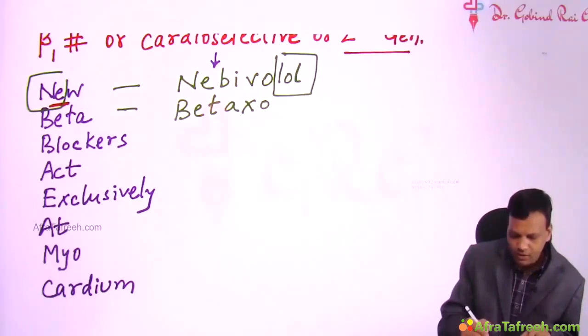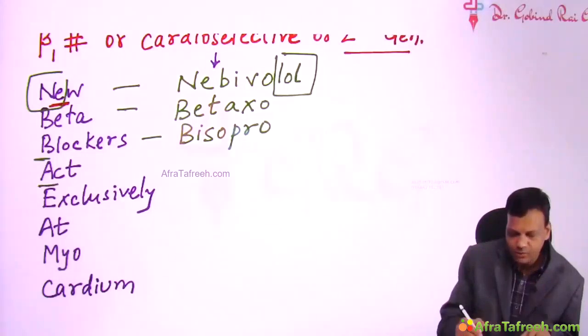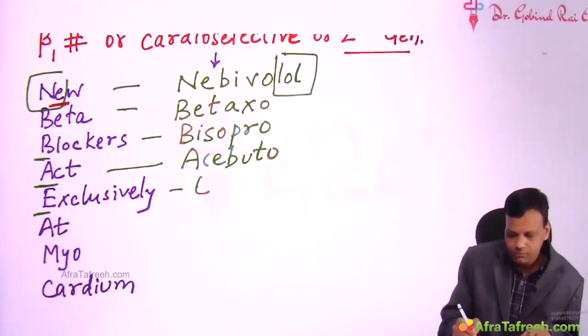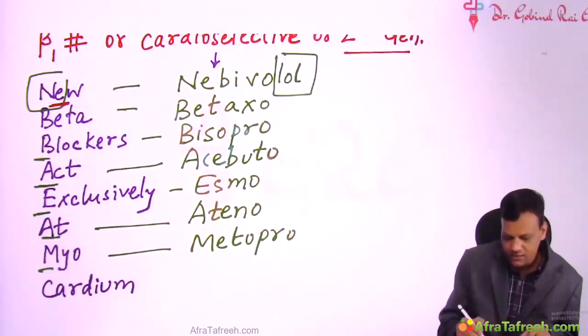Another B stands for Bisoprolol. AC stands for Acebutolol. E stands for Esmolol. AT stands for Atenolol. M stands for Metoprolol. And C stands for Celiprolol.